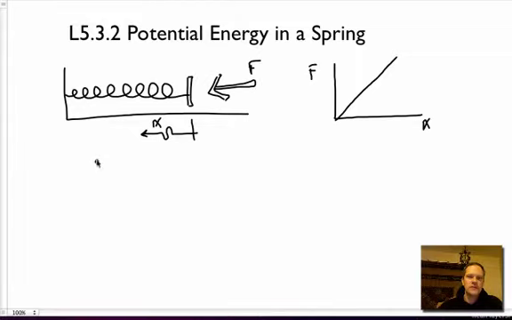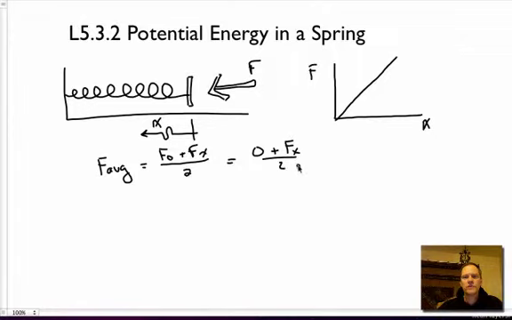So we can find the average force applied to it as some F starting point plus F at some final position divided by 2. Well, if we start from position 0 or equilibrium, then that's 0 plus this Fx over 2.